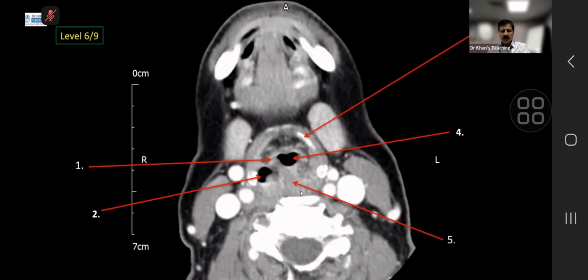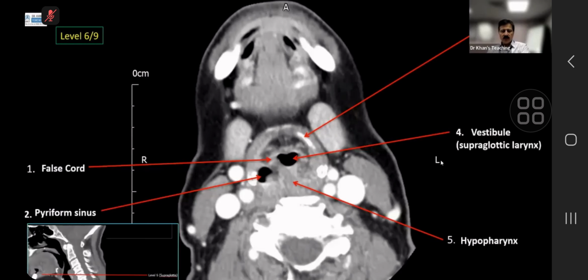It is collapsed here. The esophagus cannot be at this position. The esophagus will be post-cricoid, right? So these are the answers. So this was the vestibule, and this is the supraglottic larynx, and this is the false chord, piriform sinus.